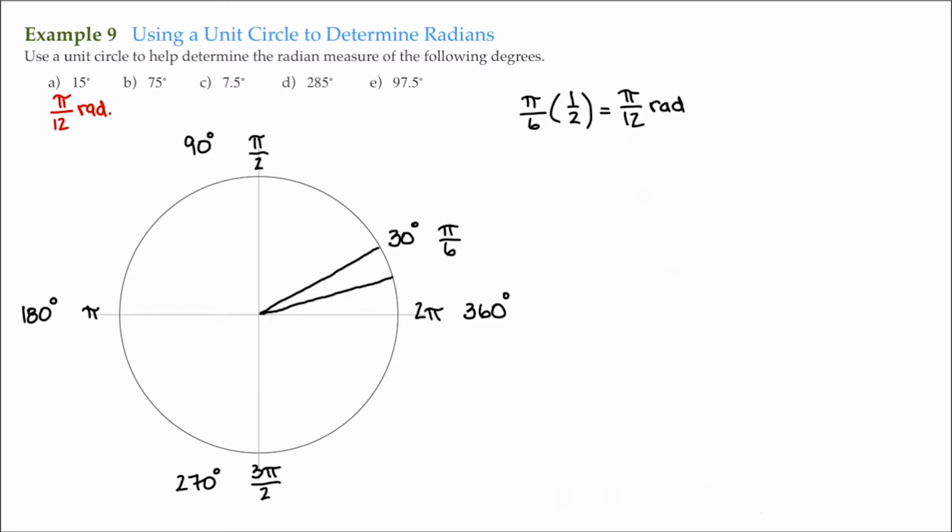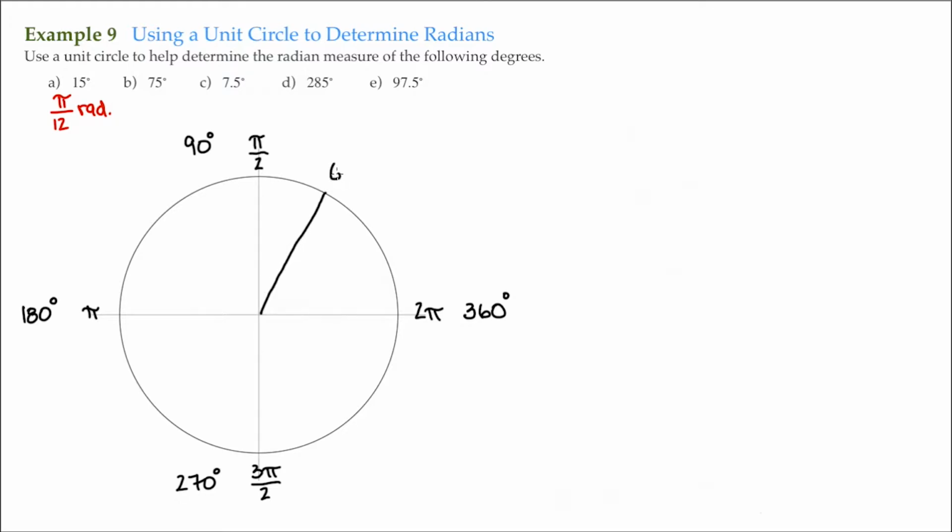So let's try B. 75 degrees. 60 degrees, that's pi over 3. 60 degrees is twice 30 degrees, and 30 degrees we already said was pi over 6, and twice pi over 6 is pi over 3. 75 degrees, that's 60 degrees plus 15 degrees.